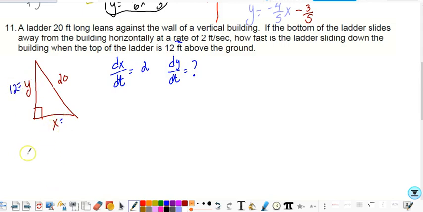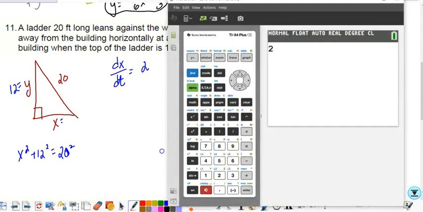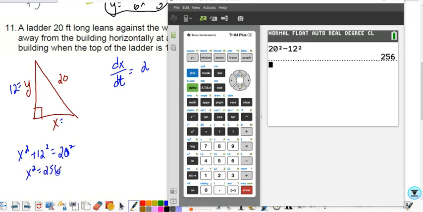I can use the Pythagorean theorem to find x. So x squared equals 256. So x is 16.